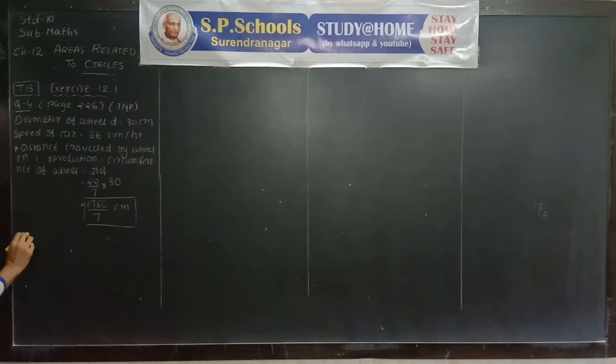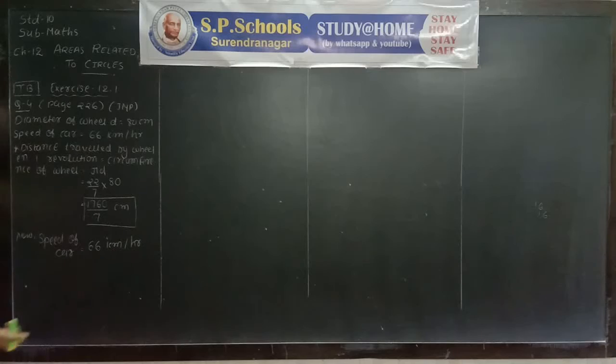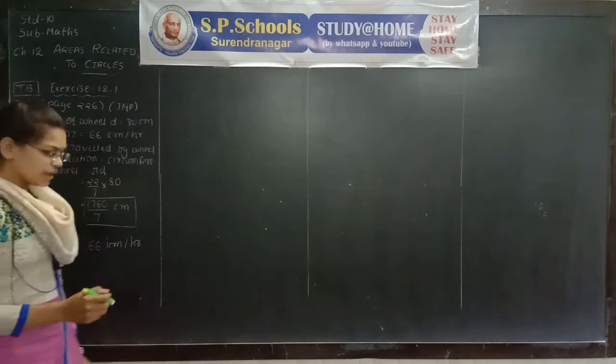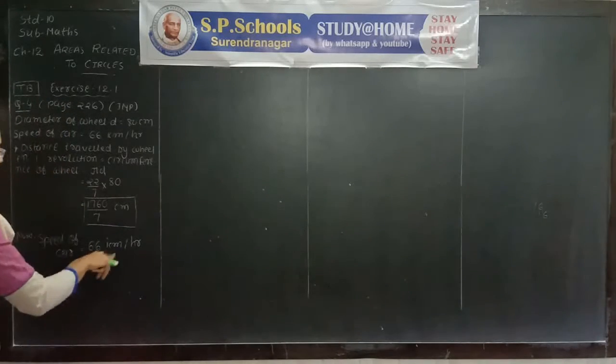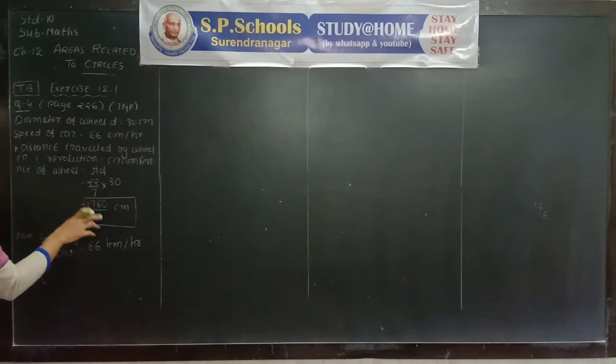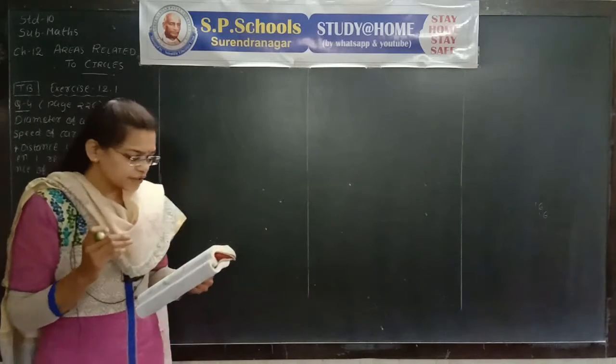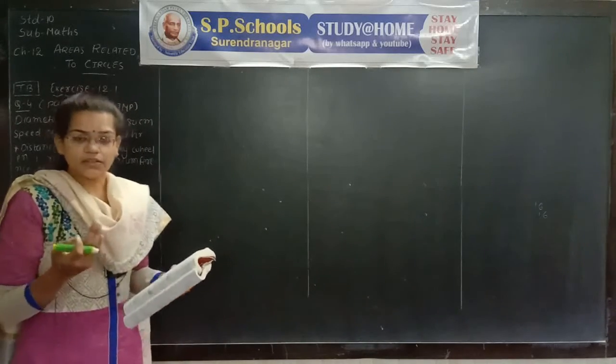Now, the speed of the car is 66 km per hour. We convert this speed into centimeter per minute, because the circumference of the wheel is in centimeters and we need to find the revolutions in 10 minutes.